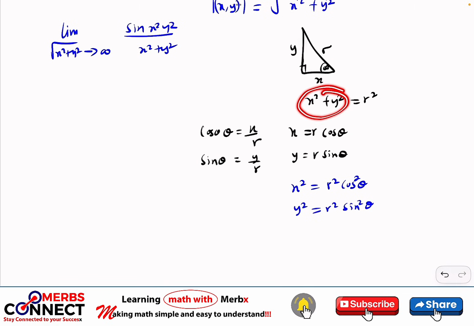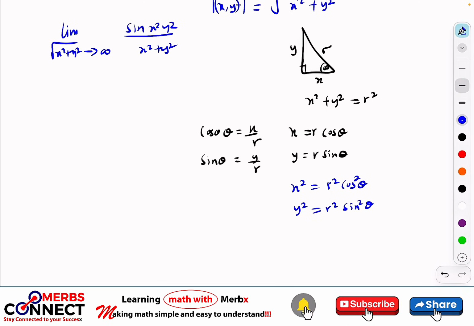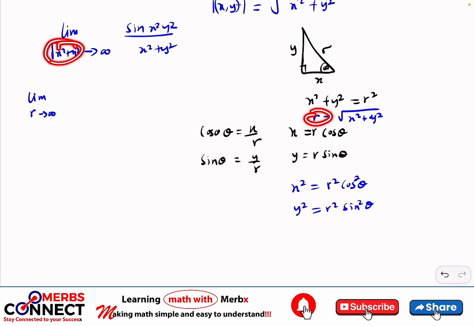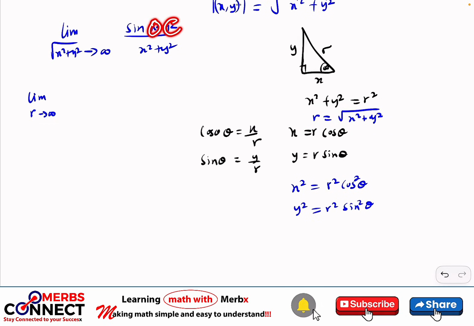So r is equal to the square root of x squared plus y squared. So here I'm going to have the limit as r is approaching infinity, because this is the same as r. Now x squared times y squared, I'm just going to multiply this and that.